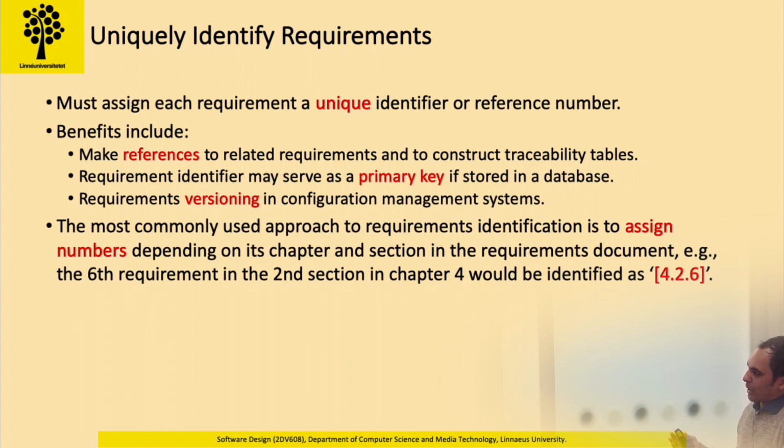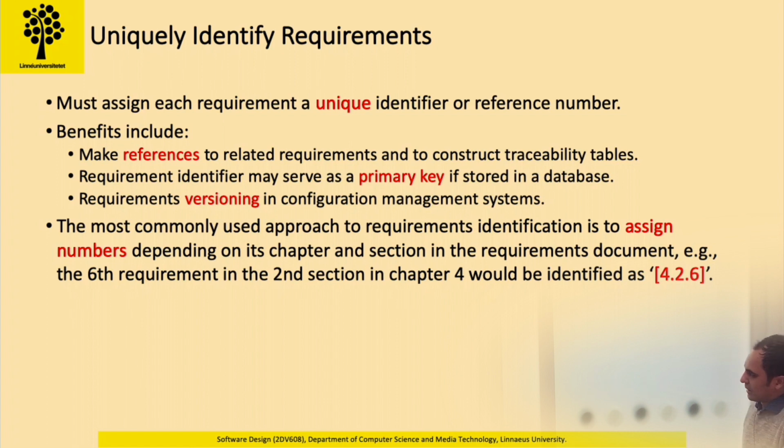And also, the most common way of naming the requirements, or maybe the most naive way, is to use numbers or versions. Like, for example, the sixth requirement in the second section in chapter 4 will be chapter.section.number, 4.2.6. This is not a good approach, or not a very understandable approach.